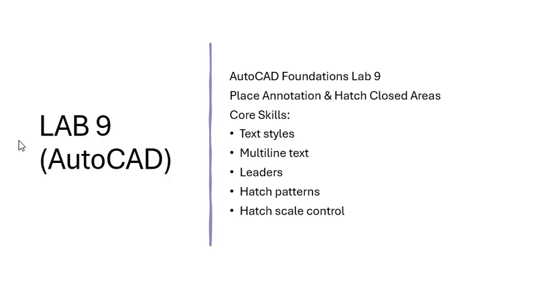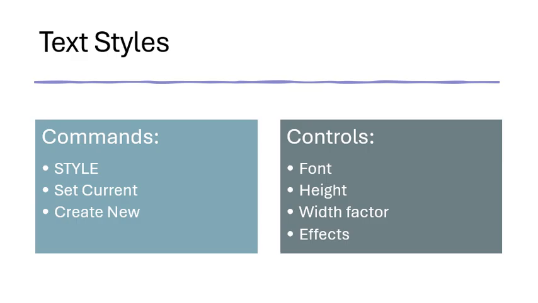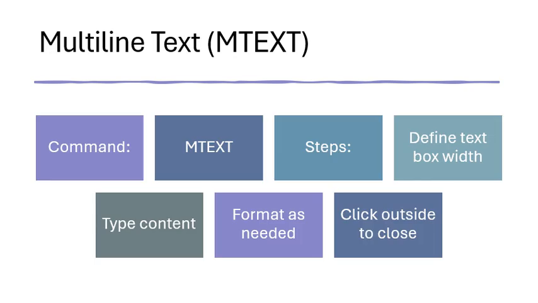So anyway, Lab 9 is your AutoCAD, and we will touch up on text styles, your multi-line tags, your leaders, and then your hatch patterns, your hatch scale controls, very important. And then of course we will hatch the closed area. We will study the styles commands, set current or create new, and then of course we will control the font, the height, the width factor, and the text effects.